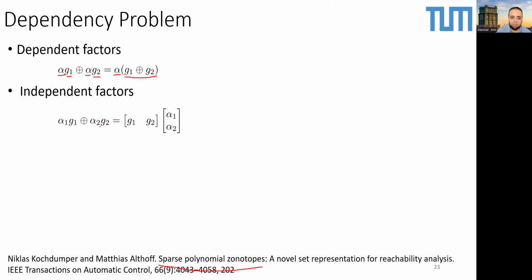However, if you have alpha 1 and alpha 2 different, you can just concatenate the generators and concatenate the alphas. So this is the dependent factors and this is the independent factor. So by factor, I mean the alpha. So the alpha 1 is dependent on this alpha 1, and this will show up if you XOR the set with itself.